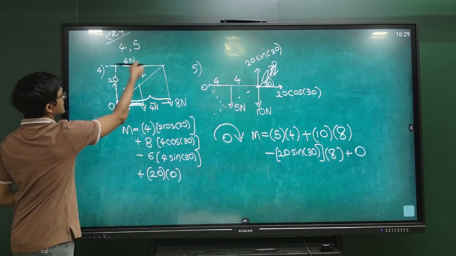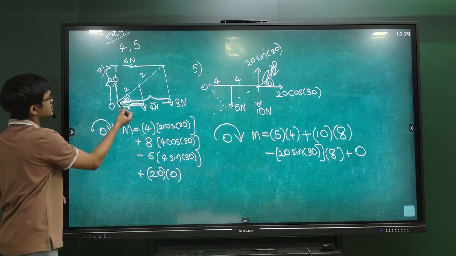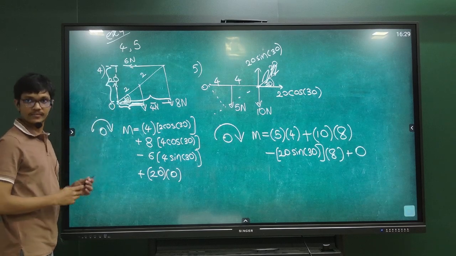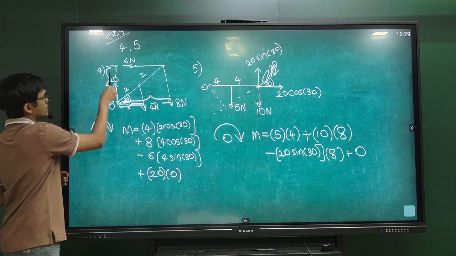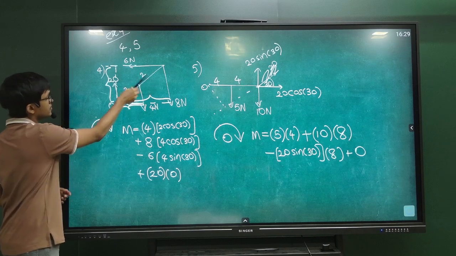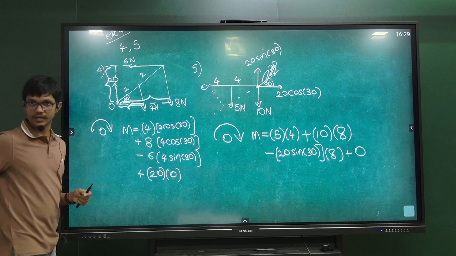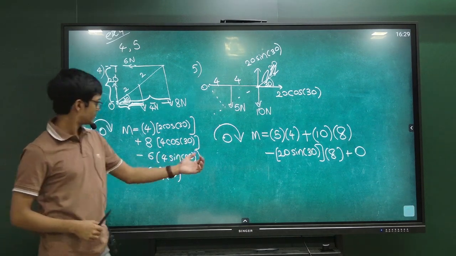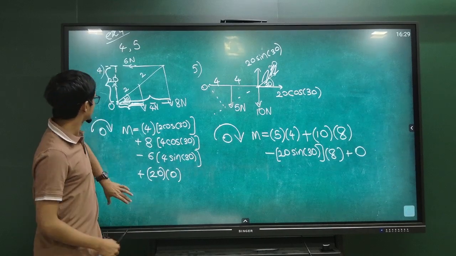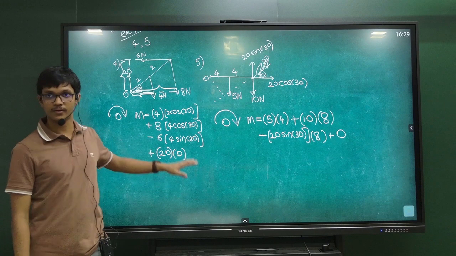This is 6, the perpendicular distance to its line of action is this. What is the value? 4 sin 30. Clear? Is it clear, everyone? Okay.